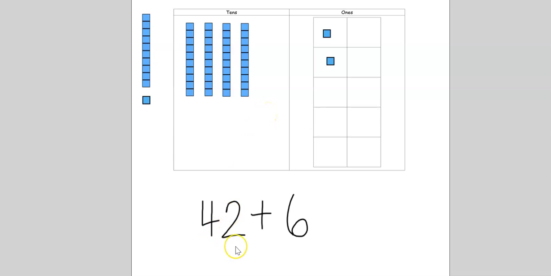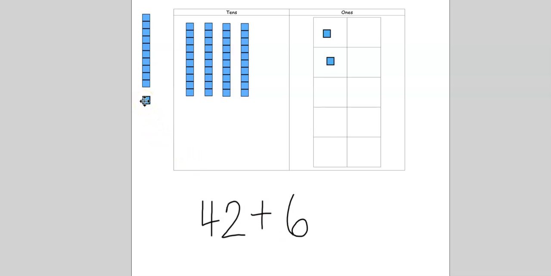So I have 42 represented. And now I need to add in 6. Am I going to have 6 10s or 6 1s? I'm going to have 6 1s because 6 10s would be 60. And that's not the number 60, is it? It's the number 6. Okay, you ready?